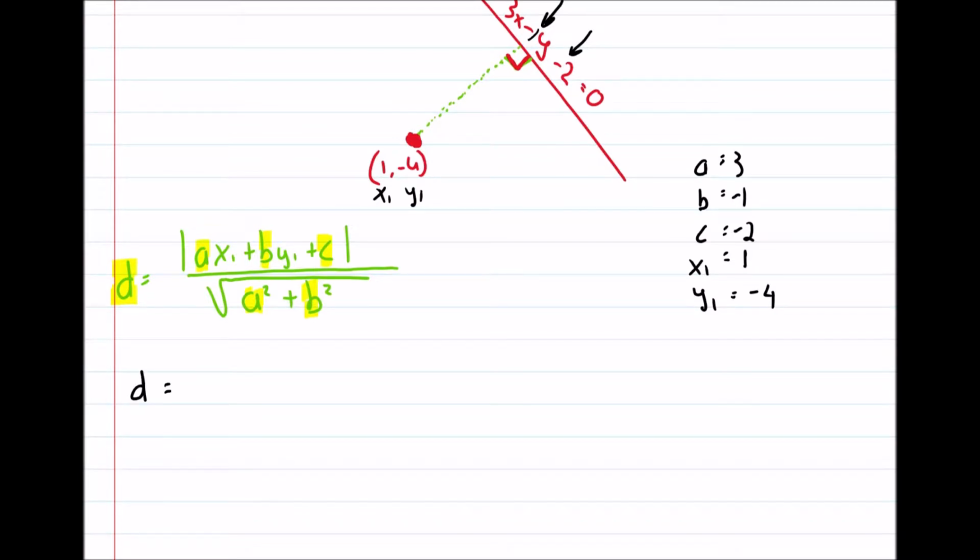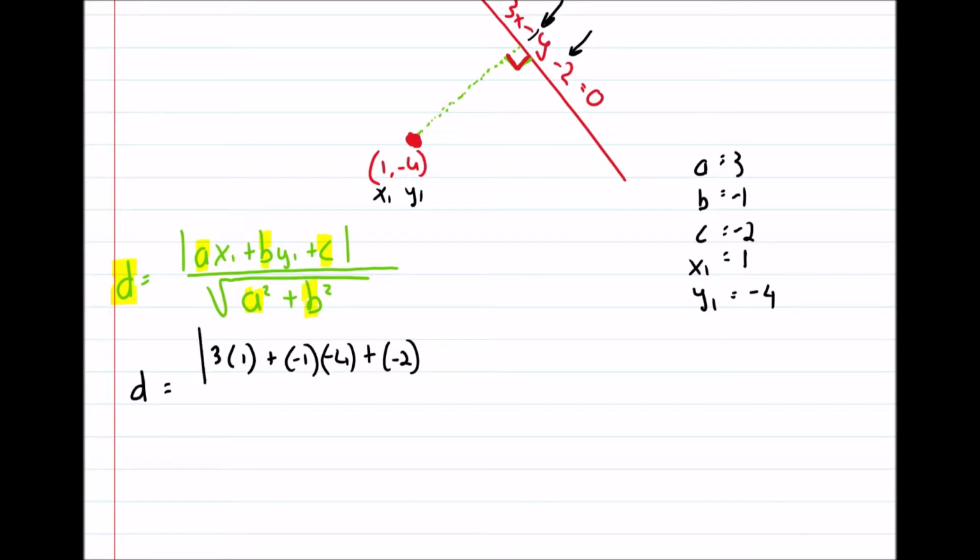So the distance equals the modulus of, well, a is 3 and x1 is 1, plus b is minus 1, so we have minus 1 there, and then y1 is minus 4, plus c, minus 2.